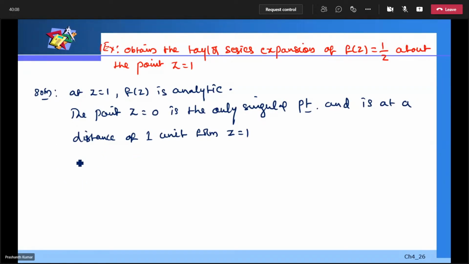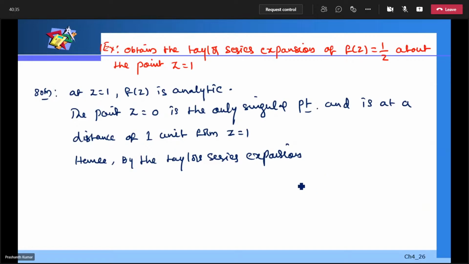Hence, by the Taylor series expansion, so how can we solve this particular one?